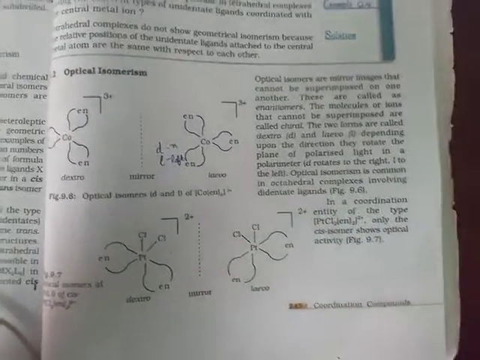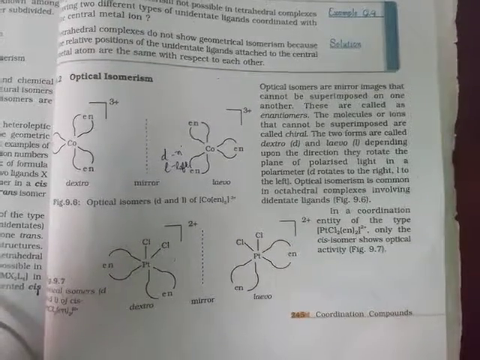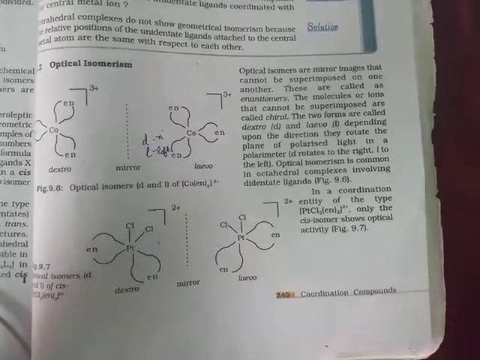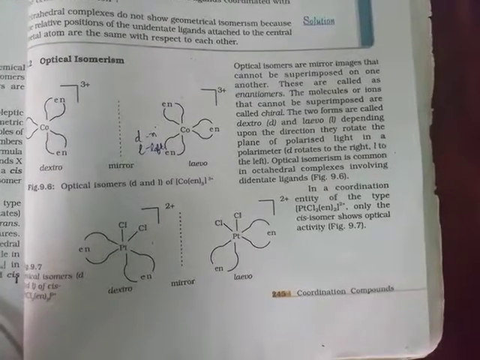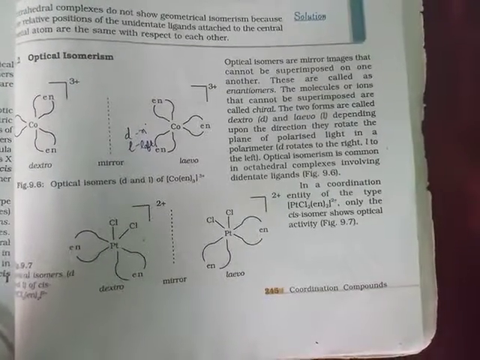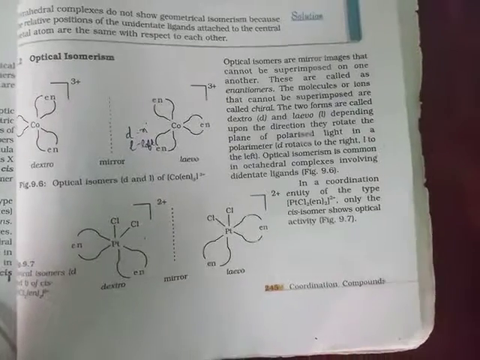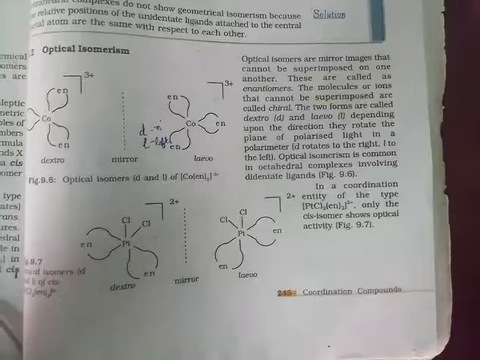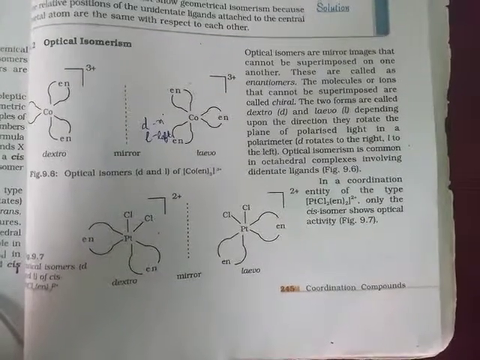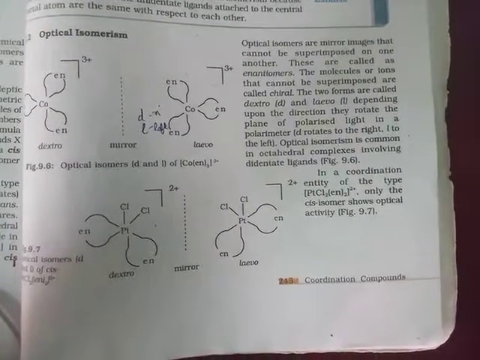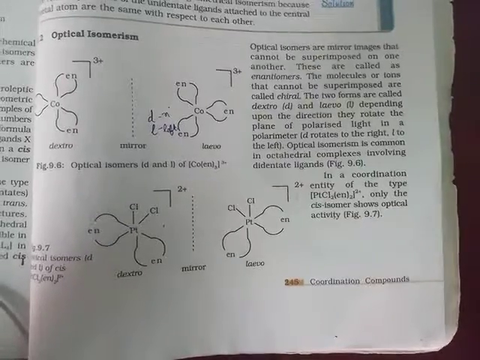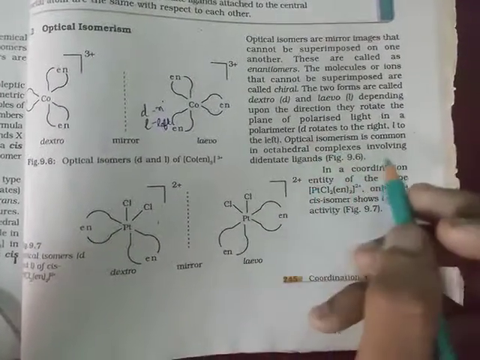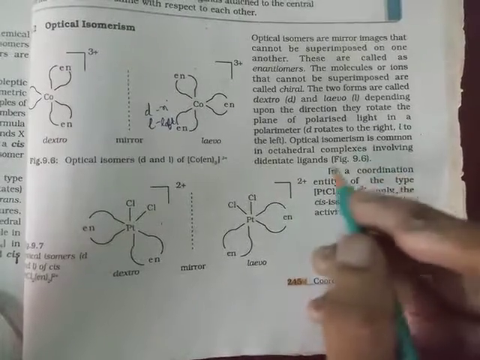Now, every compound might have more than one form, cis form or trans form or other forms. We'll see that optical isomerism will be shown by the cis form in some compounds but not by the trans form. Optical isomerism is common in octahedral complexes involving didentate ligands.